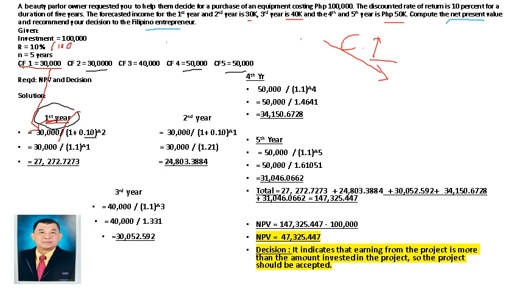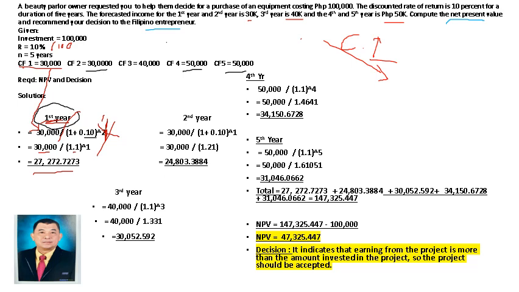Close in parentheses, 1 plus 0.1 raised to the first power, so this is 1. So, 1 plus 0.1 is 1.1. So, 30,000 divided by 1.1 gives you a discounted cash flow on the first year of 27,272, and then you run for 4 decimal places.